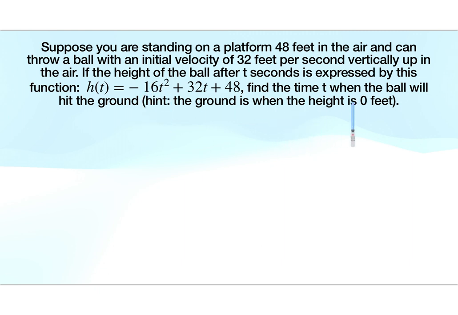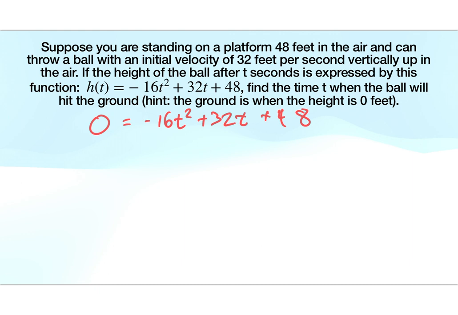But it says find the time when the ball will hit the ground. Hint, the ground is when the height is 0 feet. So I'm asked to find out, well, when is this going to equal 0? Now it's like a quadratic.